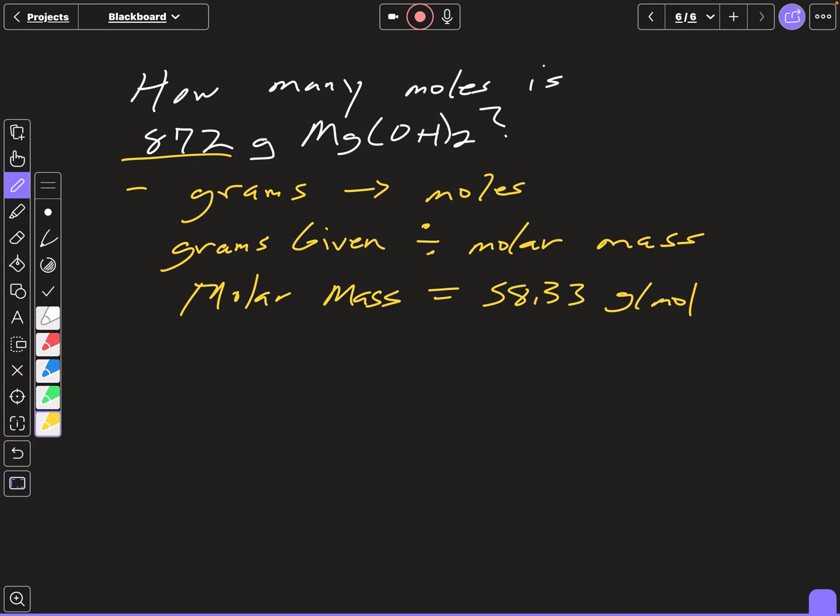So in the problem, I take my grams given, which was 872, divided by the molar mass, which is 58.33.